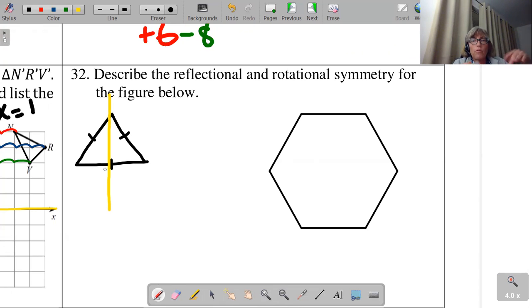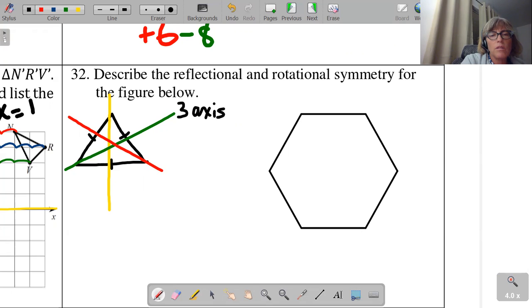So reflectional symmetry is a folding concept. So I get one folding. So I get 1, 2, 3. So out of an equilateral triangle, I have 3 axes of reflection.